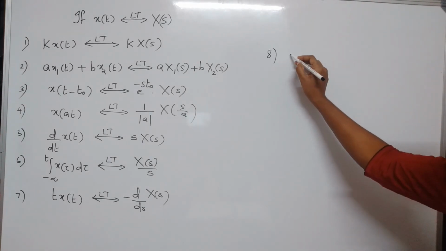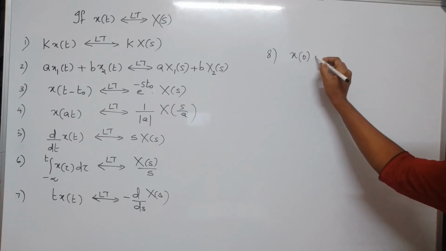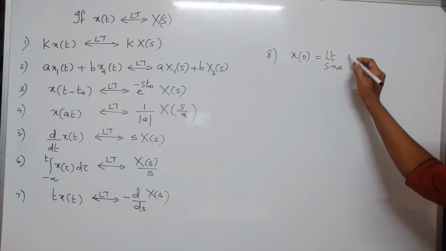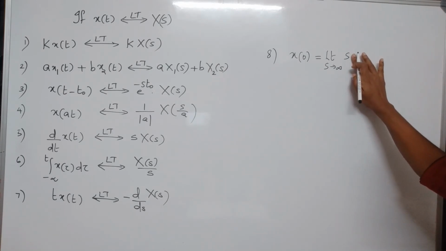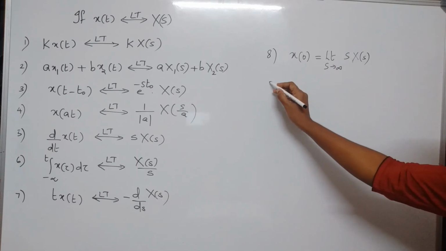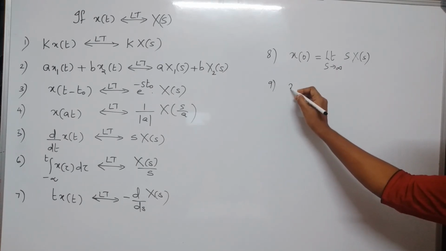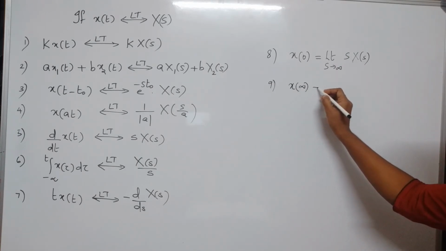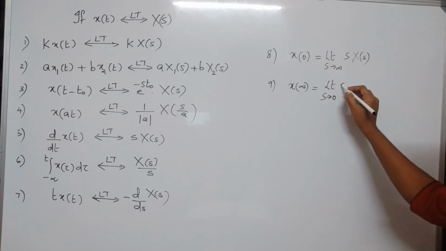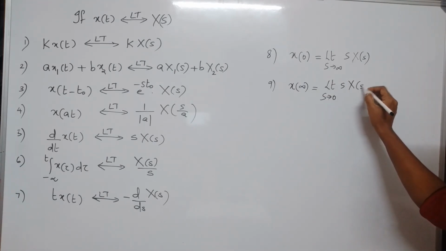The initial value theorem: x of 0, the initial value, is equal to the limit as s tends to infinity of s into X of s, and the final value x of infinity is equal to the limit as s tends to 0 of s into X of s.